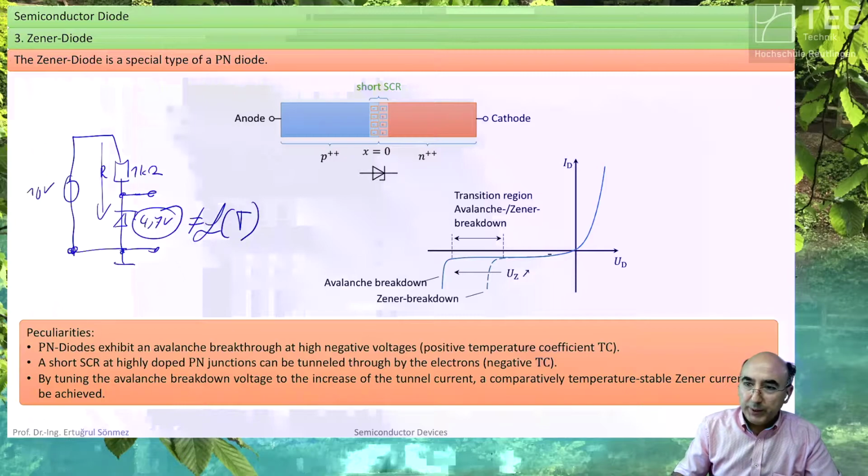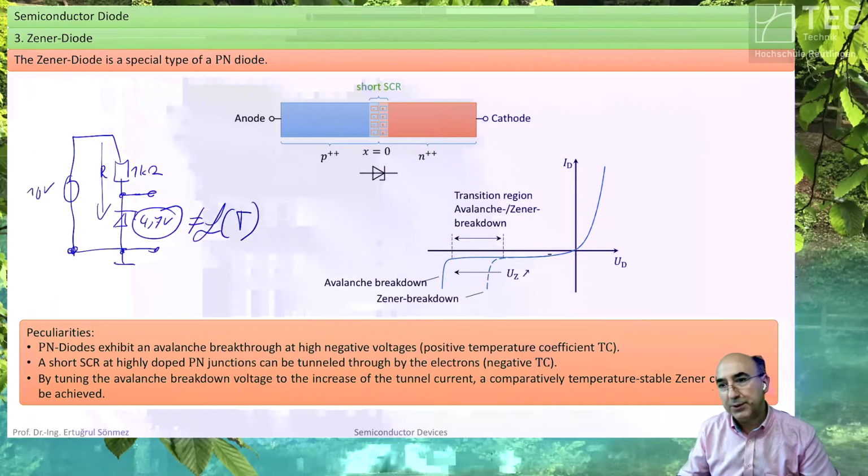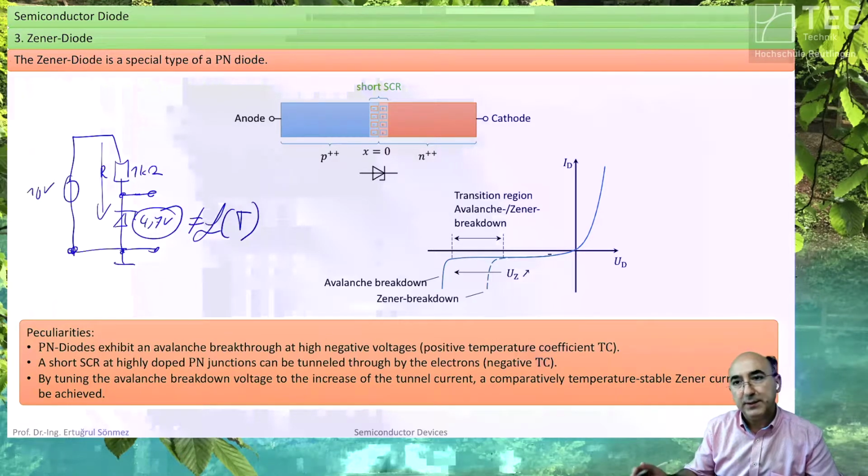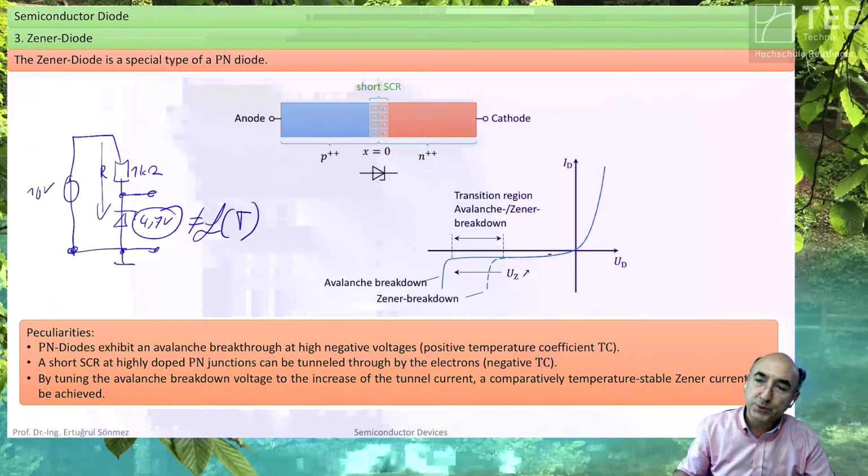The not simple way of generating a voltage not dependent on temperature is the so-called band gap, but that's in another lecture. That's in circuit design, but it is not lectured at the moment nowadays. But you have it in your lecture notes if you go to circuit design and download my German material for a band gap circuit.